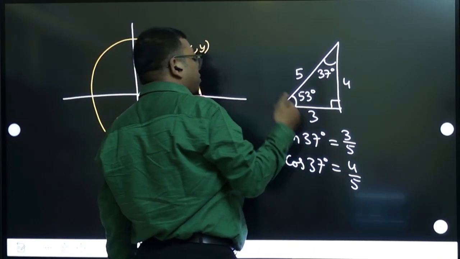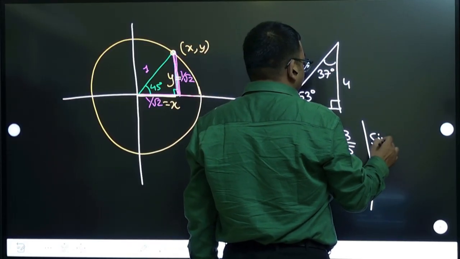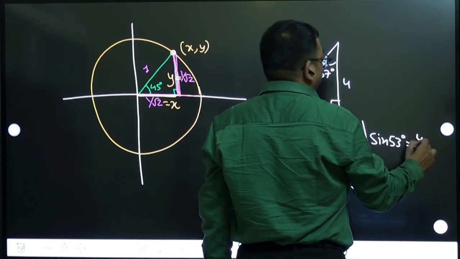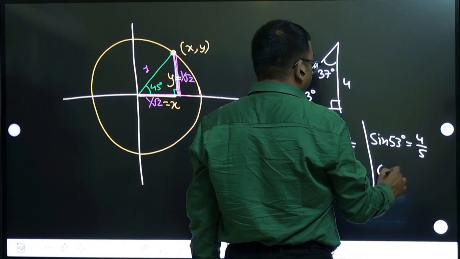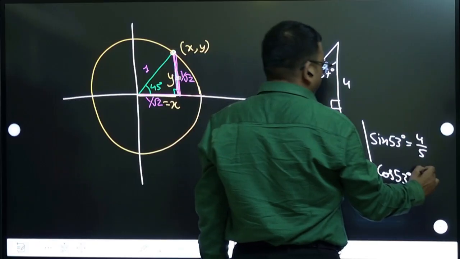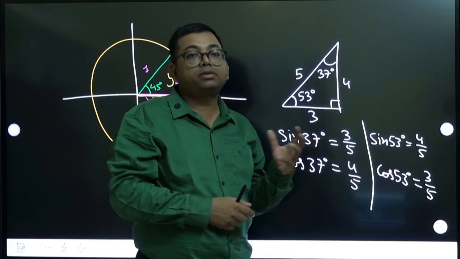Even if they ask for 53 degrees, we can calculate. Suppose they ask what is sine of 53 degrees. The opposite is 4, so 4 by 5. Cos 53 degrees, if they ask, is 3 by 5. So like that, even tan they can ask. Everything we can calculate in this triangle.